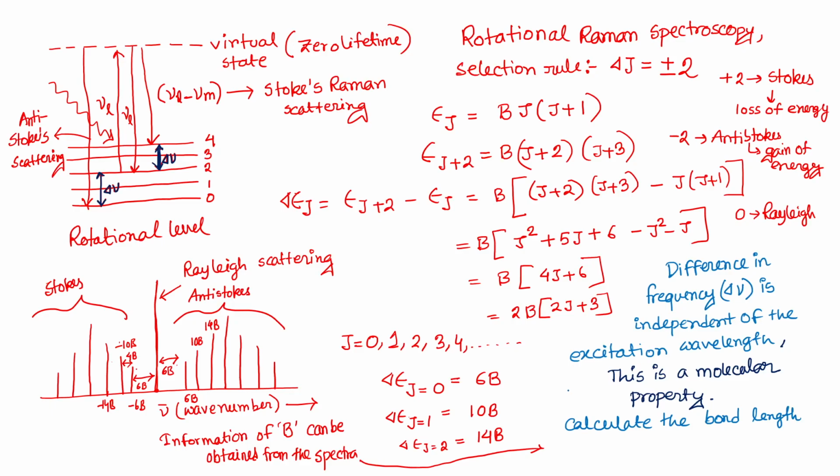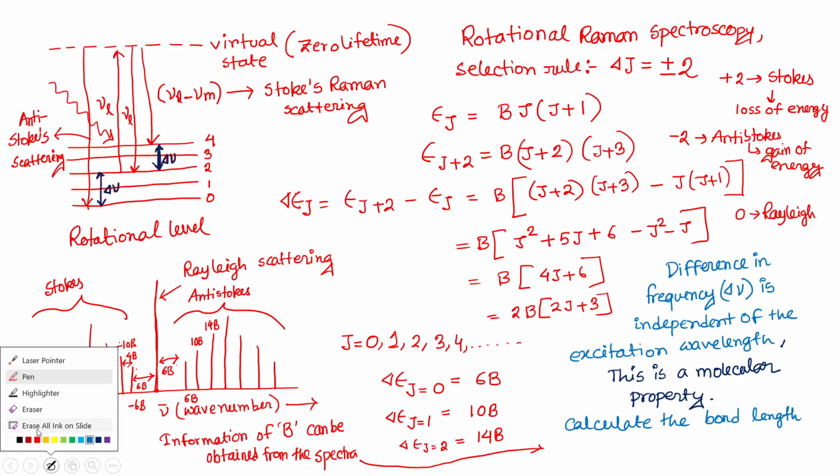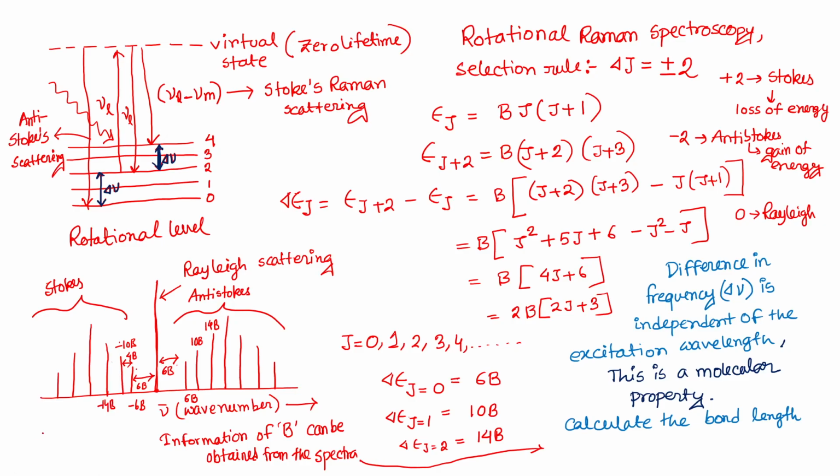For that you are going to require a very high resolution spectra, and for this high resolution spectra you are going to use a laser source. So that is one of the important things. Now what about vibrational spectroscopy? Let us discuss a little about that.